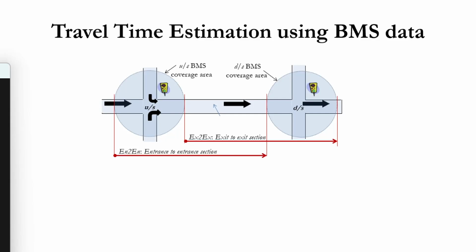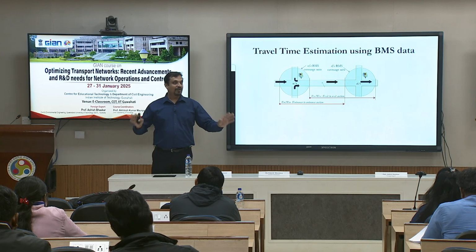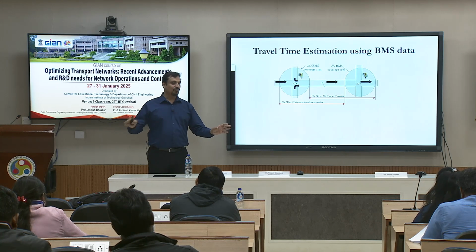Now, let's say you have two locations, two intersections, I have a scan zone. Let's say my scanners are here. There are two ways to get the travel time because the MAC ID is fixed. So I know this MAC ID was observed at location A at time T1, and location B at time T2. The time gap is the travel time from A to B, right? But we do not know what route this guy has taken.